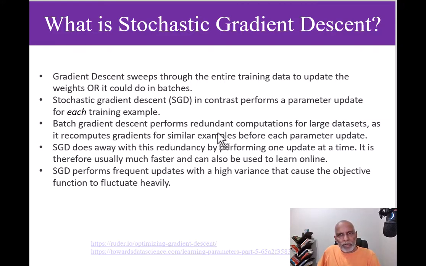Batch gradient descent performs redundant computation for large data sets as it recomputes the gradient for similar examples. So we don't want to do it that way, and SGD, stochastic gradient descent, does it for sample data within a batch. Therefore, it is usually faster.